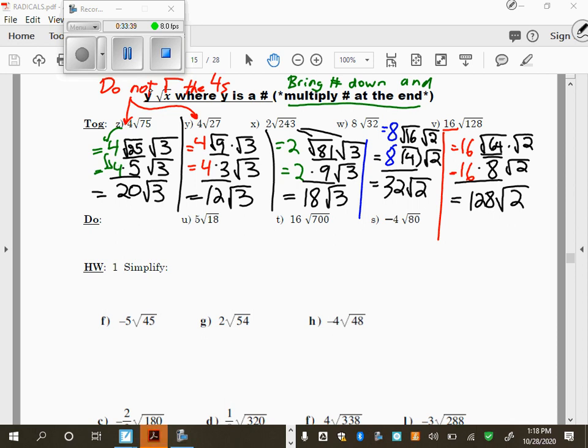Same thing. Bring down the red 16 until the end, and then multiply the 2 numbers together. Only you can multiply numbers with numbers. Again, grade 11, you'll learn you can only multiply numbers with numbers and radicals with radicals. Okay, you've got 3 more to do. You've got 4 or 5 minutes to do those. We'll say 5 minutes, and then homework time.